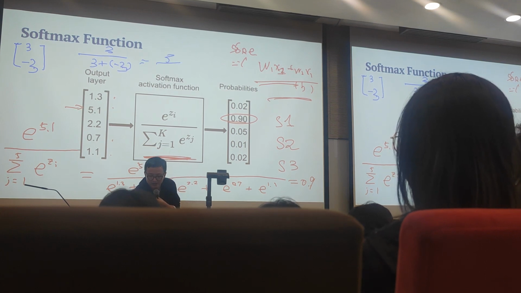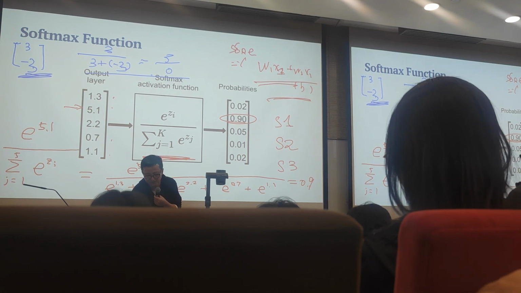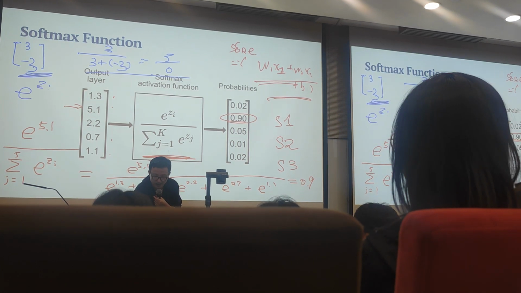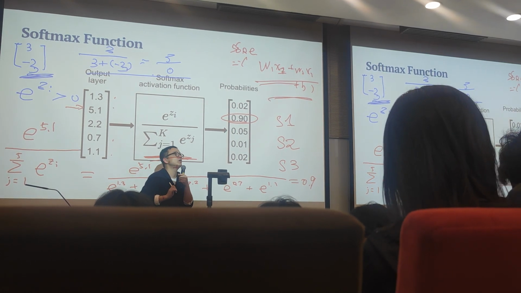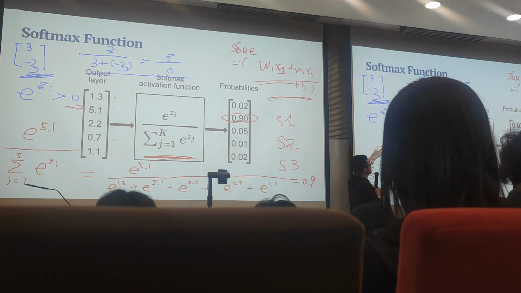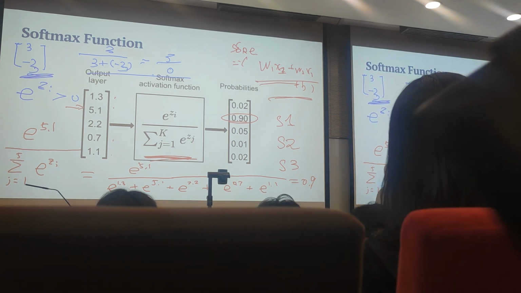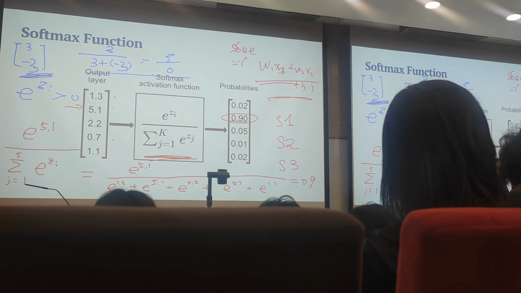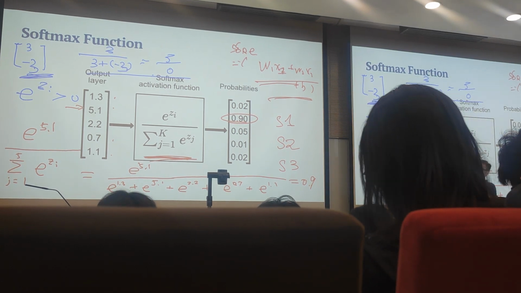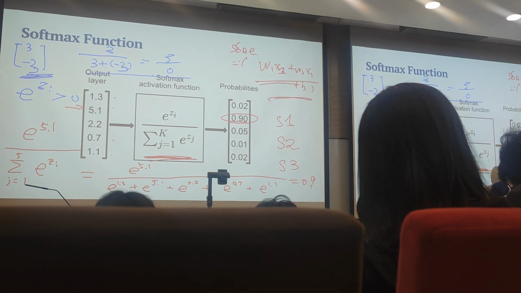So we have 3 divided by 1, this is what? Nothing useful. If you have all positive numbers, this kind of normalization may be okay. But if you have negative numbers, then it's not okay. But e to the vi is always greater than 0. So what it does is first transform these scores into positive numbers, and then normalize the positive numbers into probabilities. So the higher the score is, the higher the probability is. So that's why we love this function.